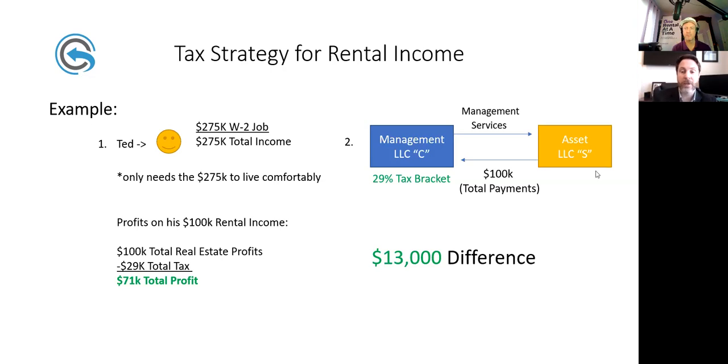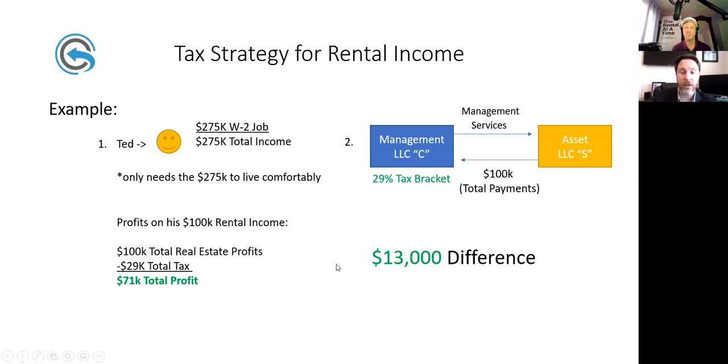But basically what happens is there's total income that's paid from the asset LLCs to the management company, and that income's taxed at that 29% we talked about. And so the difference between that 42% and that 29% is about 13%, which equates to $13,000 in taxes.